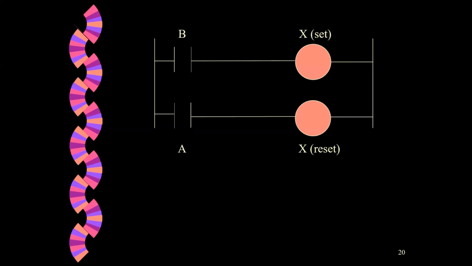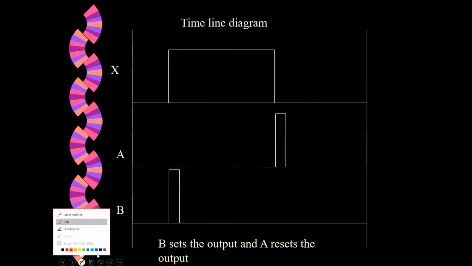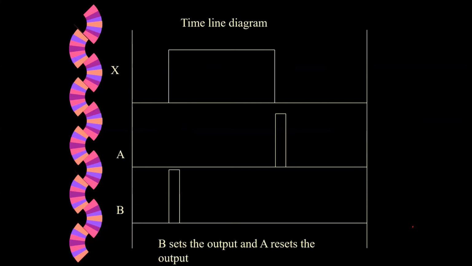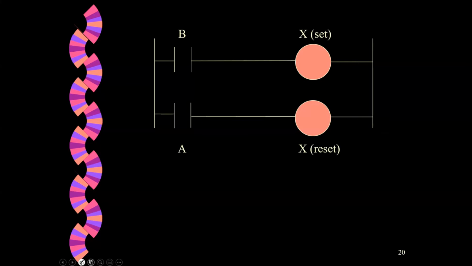To start the motor, A must be false. So this should be 0, and let this be 0 too.